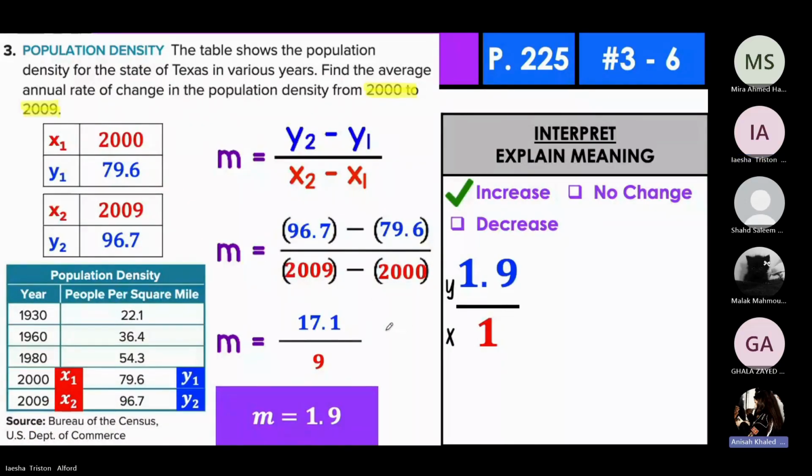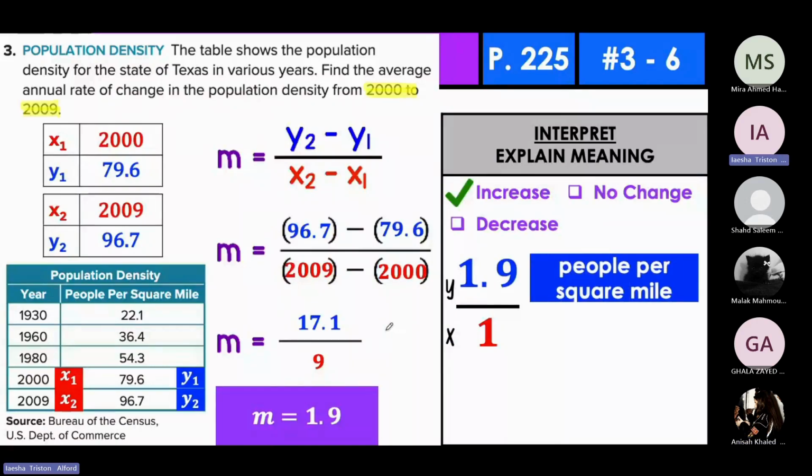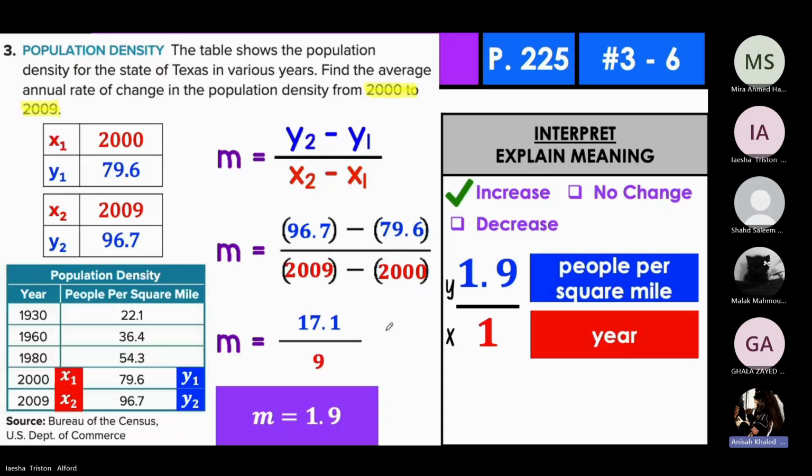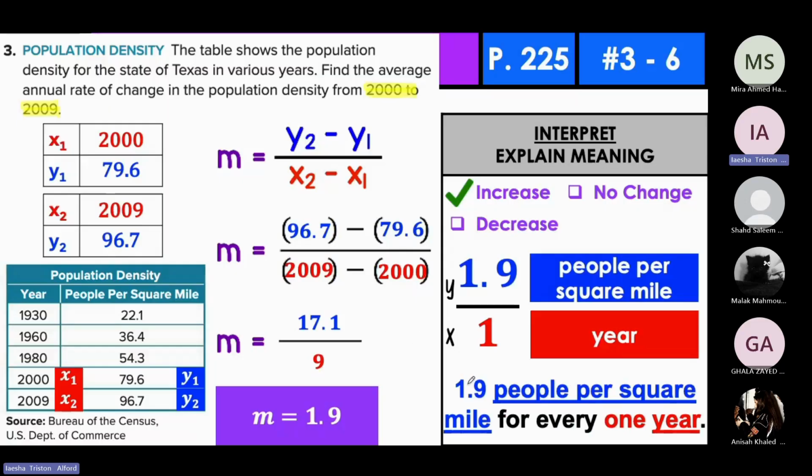People per square mile. And the x word? Year. What's the sentence? 1.9 people per square mile for each 1 year. For every 1 year. So 1.9 people per square mile for every 1 year. Done.